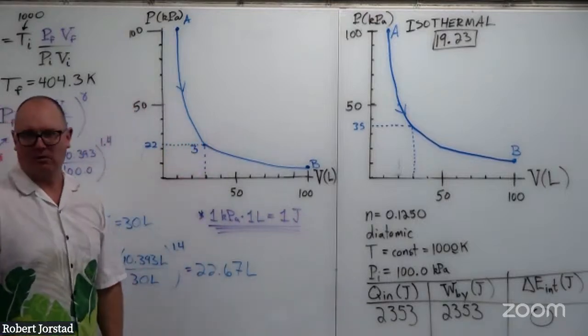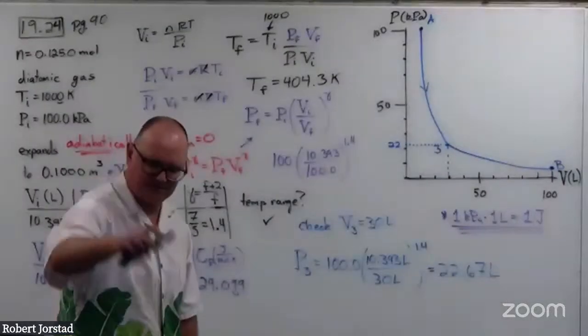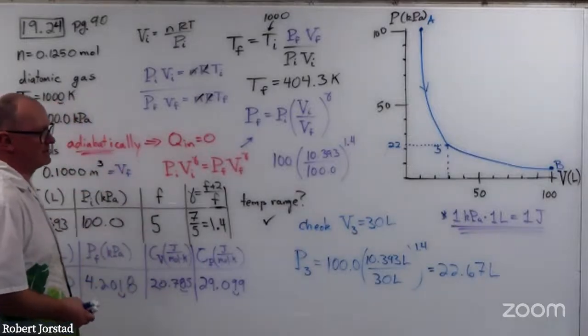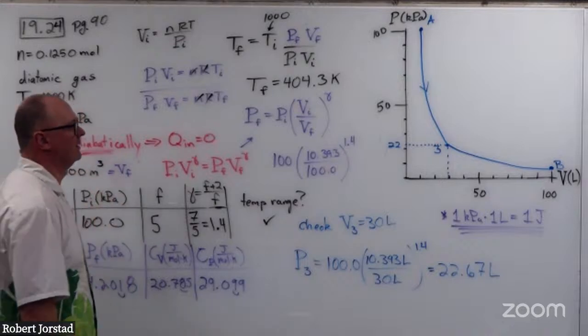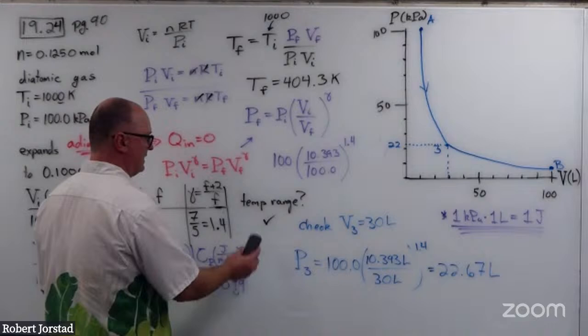Right? Well, let's think. Let's go back here. Come on. Clicking buttons, nothing happening. Look, the temperature drops. If the temperature drops, E internal should be negative. All right, so let's go ahead and finish this problem out by figuring out the first law stuff.